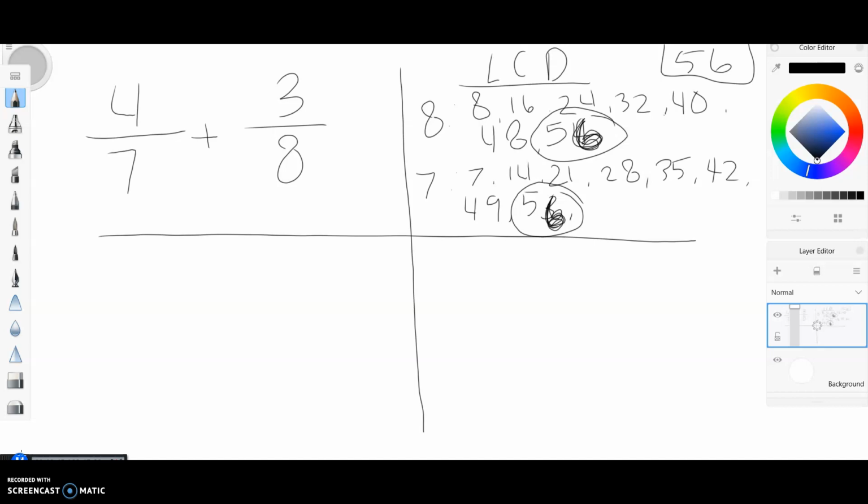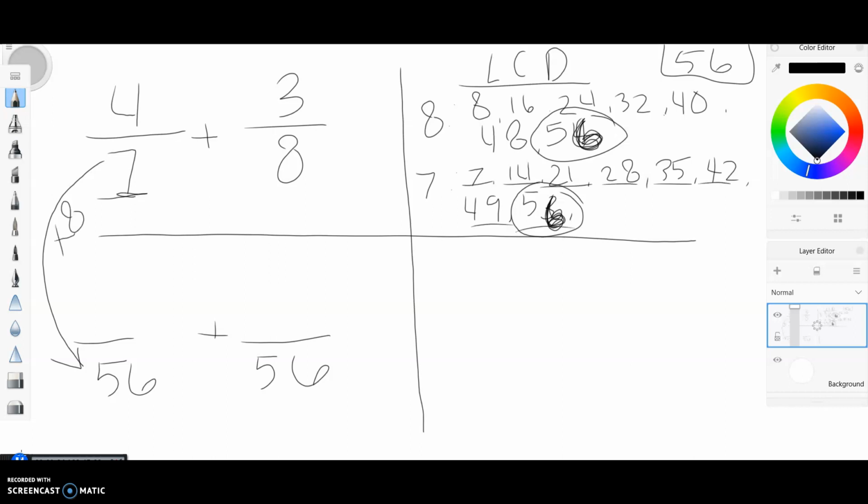Now we have to change our fractions to new fractions with 56 as our denominator. Hopefully you already knew you have to see how you change 7 to 56. Well, let's see, how many times did I count up by 7s to get to 56? What you do with your denominator, you do with your numerator. So if we multiplied by 8, we multiply 4 times 8. So 4 times 8 is 32. Then we have to change this fraction into the one below.